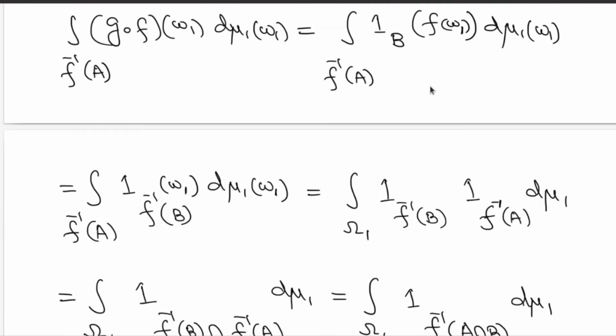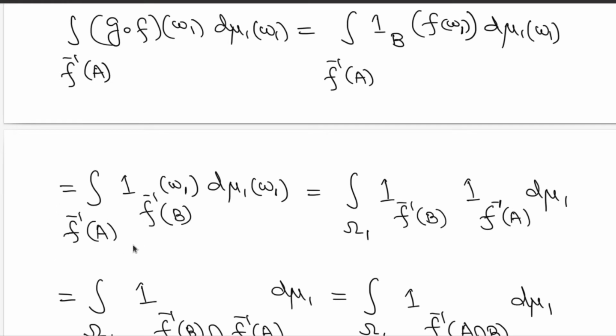Alright, but then that can be rewritten in terms of f inverse of B, and you can just check whether the sample point small omega 1 belongs to the set f inverse of B. So observe that f of omega 1 belongs to the set B if and only if small omega 1 belongs to the pre-image of B under the function f. So that's all we are using here.